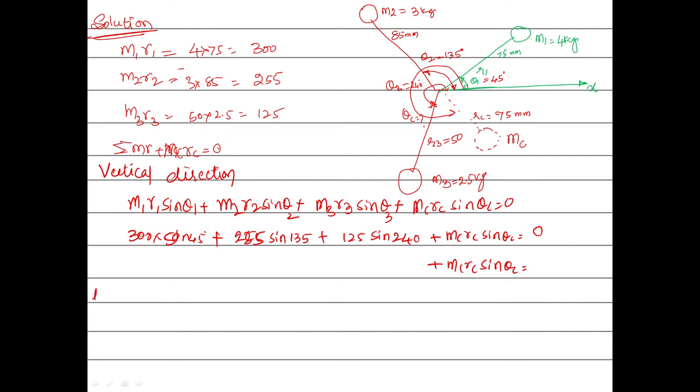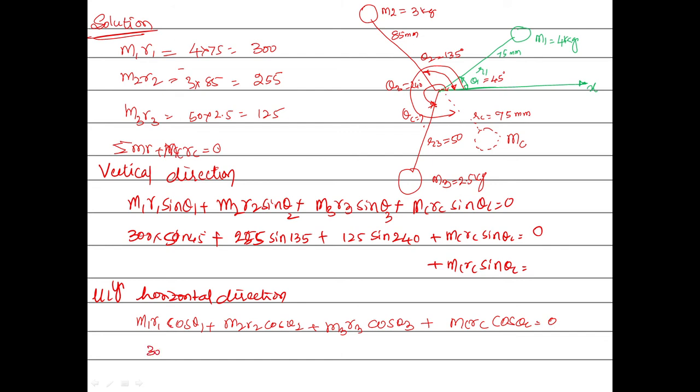Similarly in the horizontal direction. This is M1 R1 cos theta 1 plus M2 R2 cos theta 2 plus M3 R3 cos theta 3 plus MC RC cos theta C equal to 0.